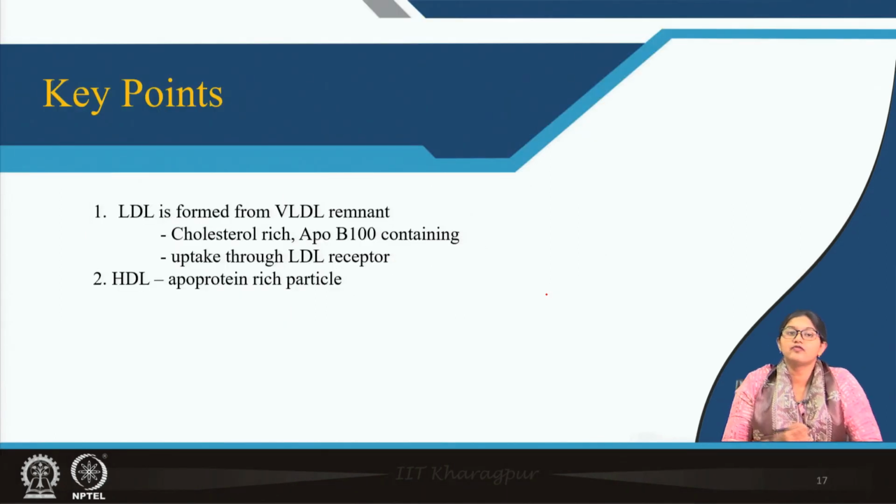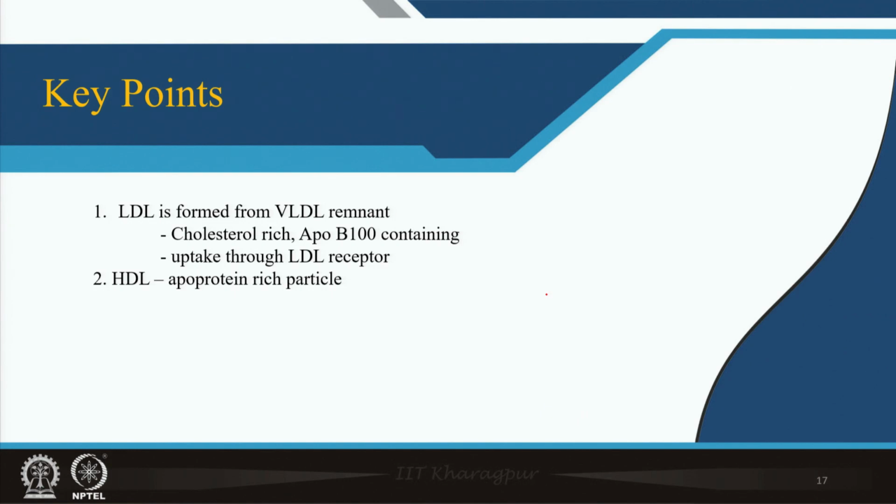So in this session what we have learned is LDL and HDL metabolism. LDL is formed from VLDL remnant, and it is a cholesterol rich molecule containing ApoB100. Remember, this is very important: the apoprotein in LDL is ApoB100. The uptake of LDL is through the LDL receptor.